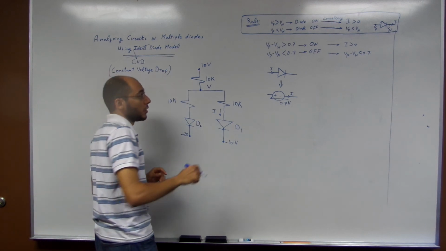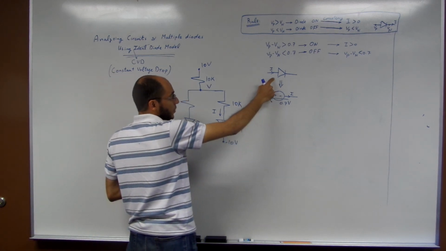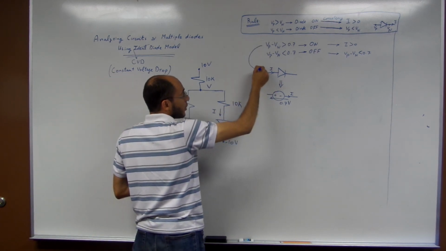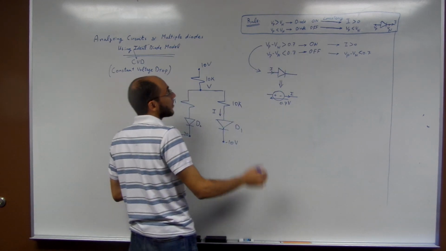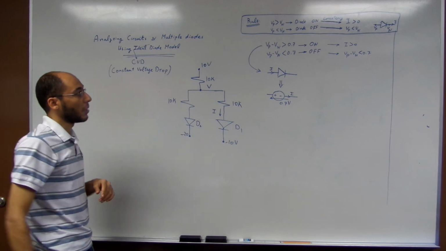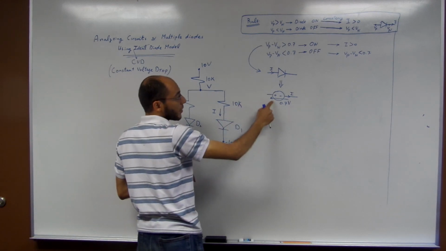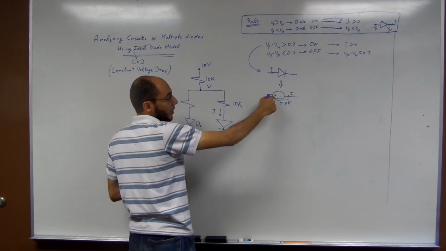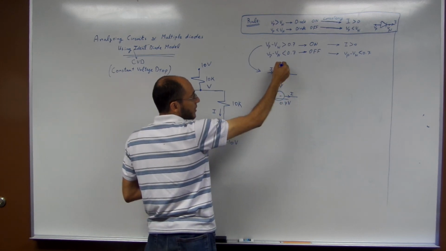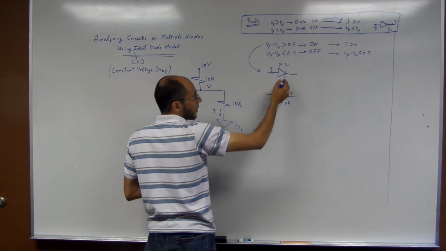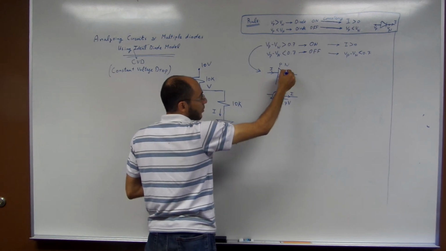Right. So when the diode is off, you replace it with an open circuit, pretty much the same as the ideal model. But when it is on, you replace it with a battery. The polarity of the battery is positive at the P and negative at the N. That's how I remember it.